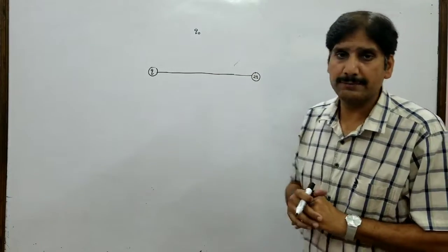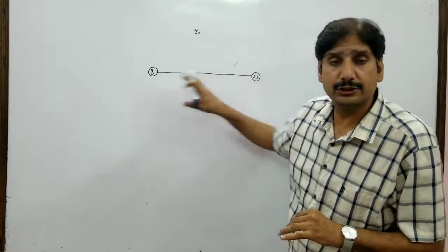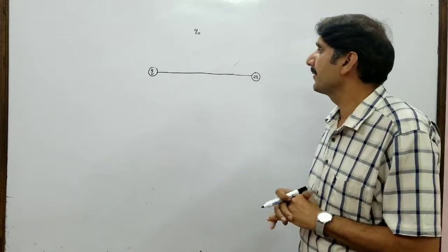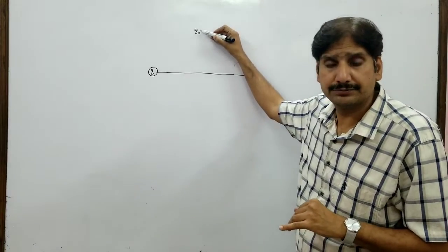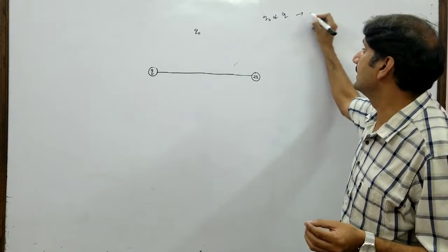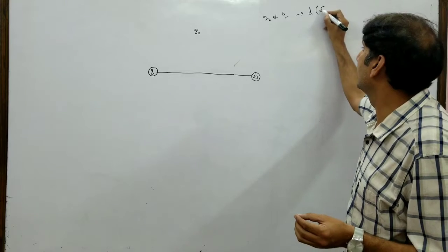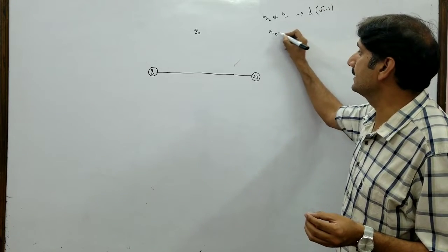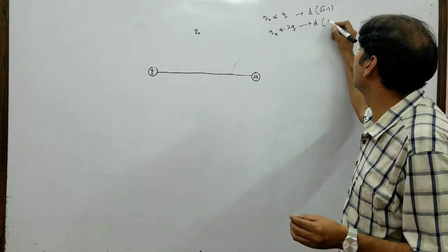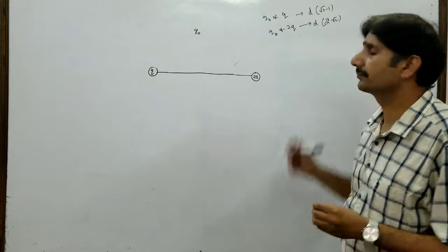This is a beautiful question in which it says that there are two charges Q and 2Q separated by a certain distance, and a third charge Q0. The distance between Q0 and Q is d times root 2 minus 1, and the distance between Q0 and 2Q is d times 2 minus root 2.